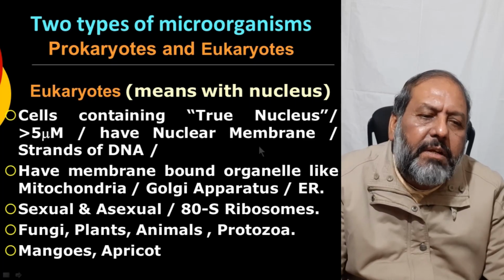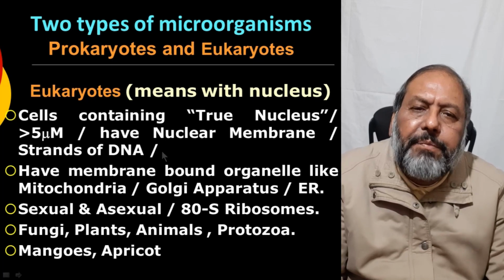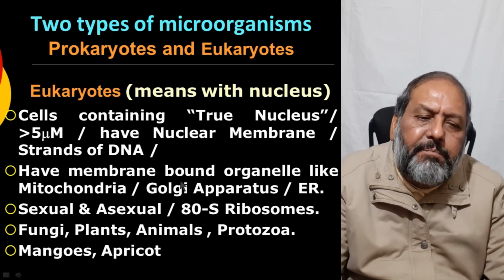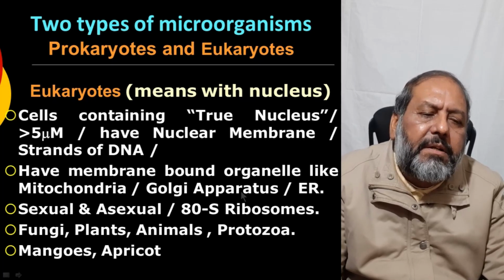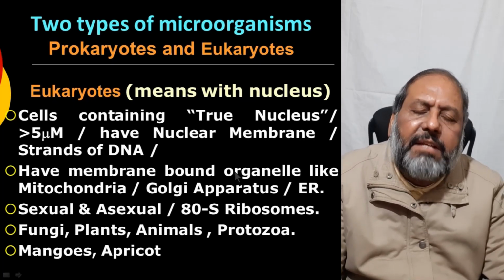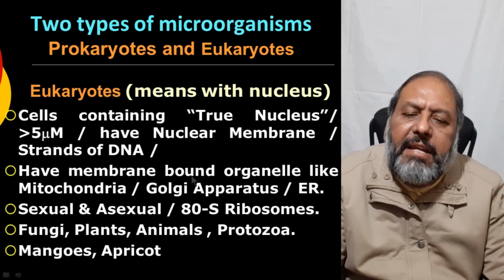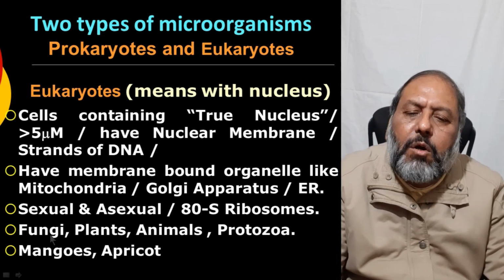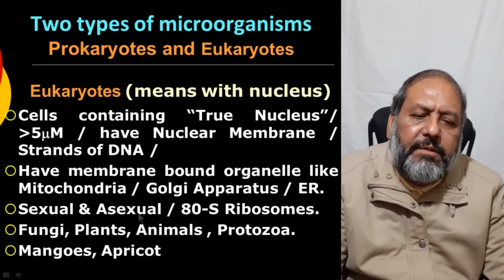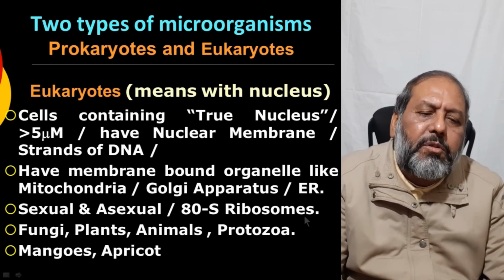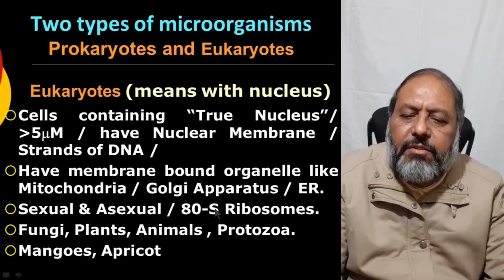They have a nuclear membrane and strands of DNA. They also have membrane-bound organelles like mitochondria, Golgi apparatus, and ER, as one can see in human cells and animal cells. They have sexual and asexual reproduction, and they have ribosomes, which are of 80S strength.